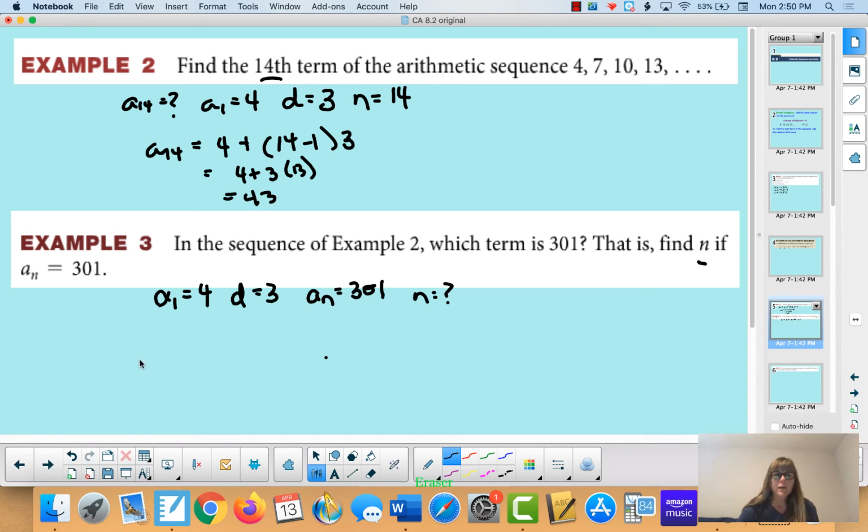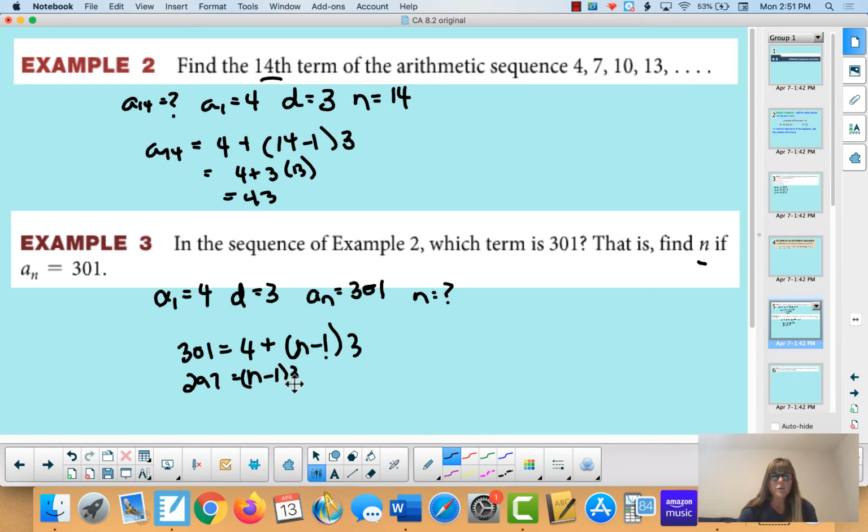So 301 equals 4 plus n minus 1 times 3. So if I subtract 4, I get 297 equals n minus 1 times 3.